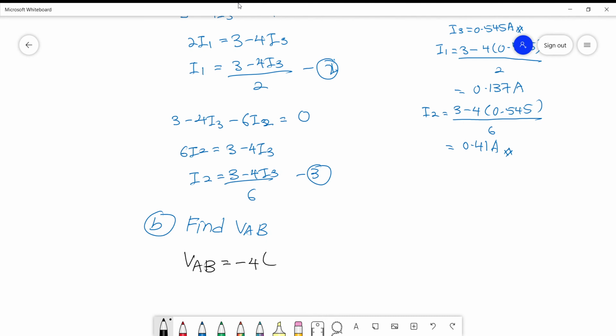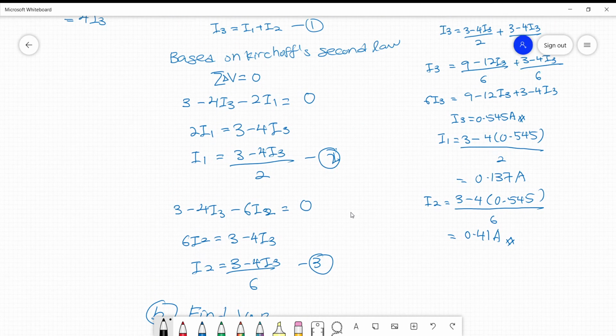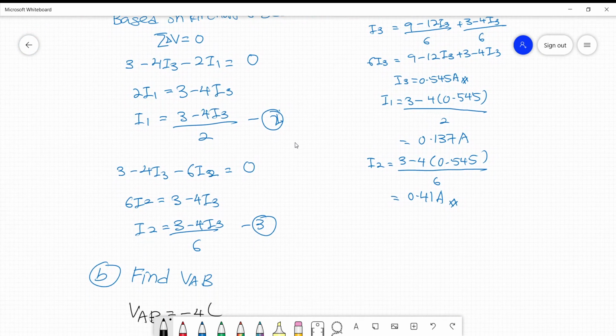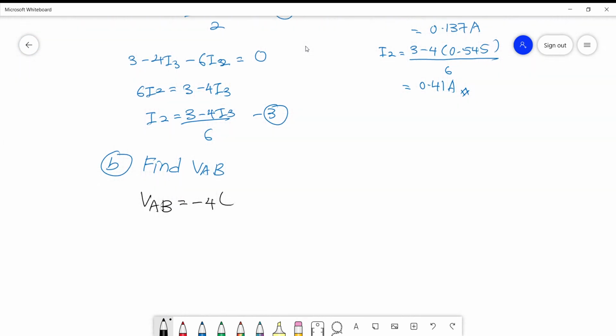So for I3, what will be my I3? My I3 is 0.545 ampere. To be reminded, this one is I and this one is R, so V is equal to IR.